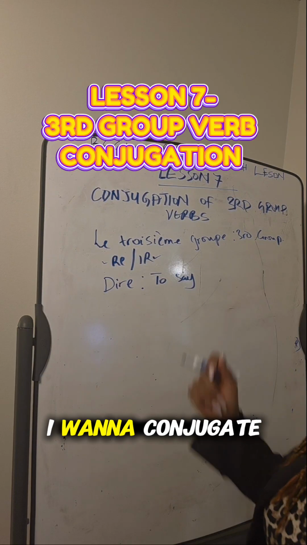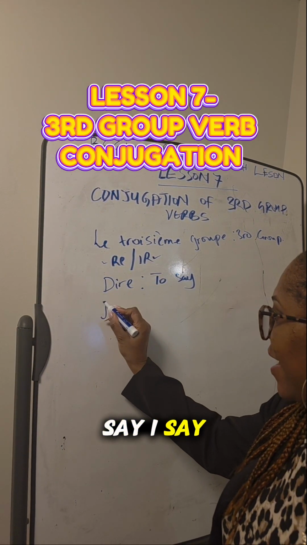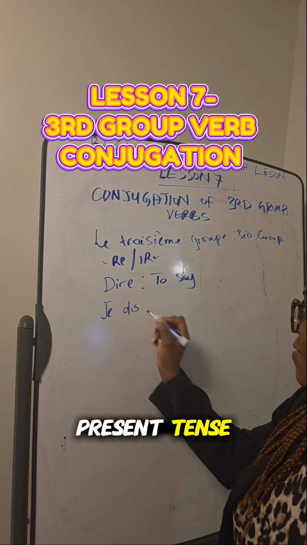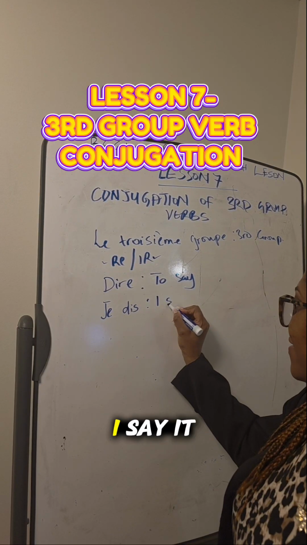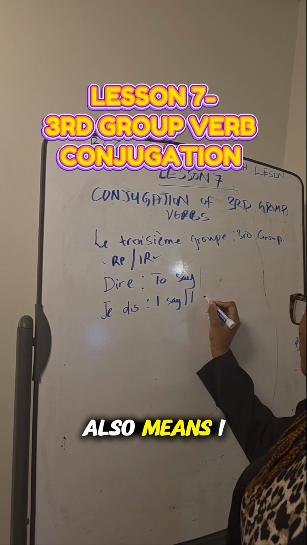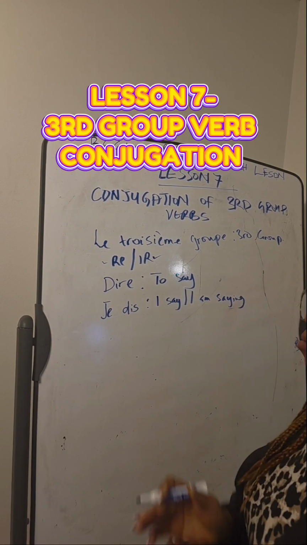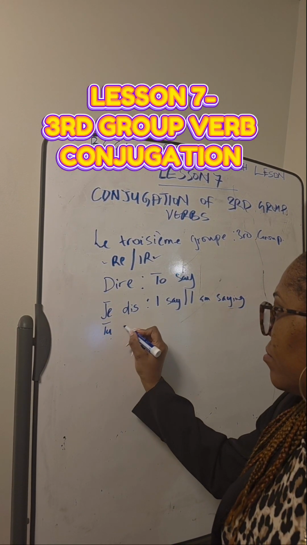If I want to conjugate the verb to say, so I want to say I say, or I am saying in French, present tense, I will say je dis. Je dis means I say. It also means I am saying. You say: tu dis.